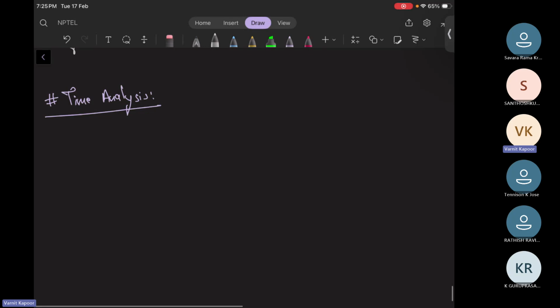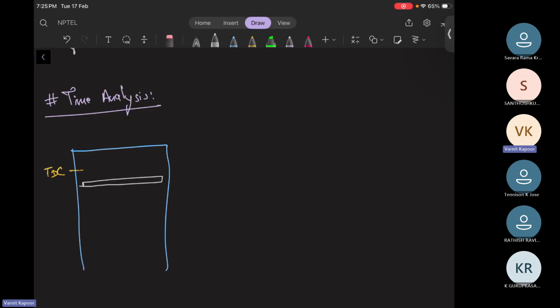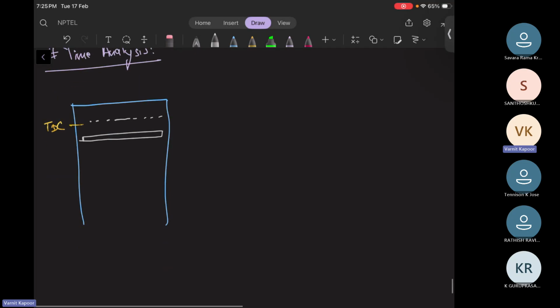So again we have a piston cylinder arrangement. And this is your position of TDC. The piston has moved somewhat from TDC and it is moving constantly.